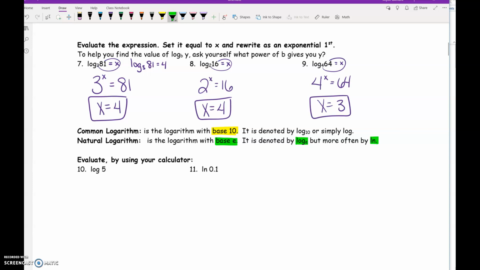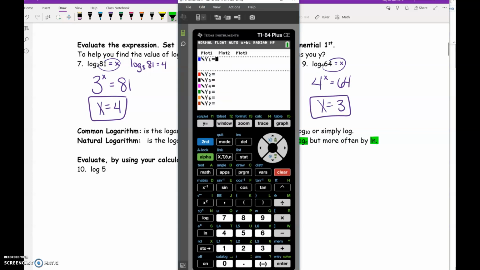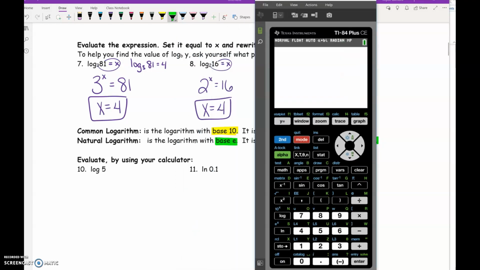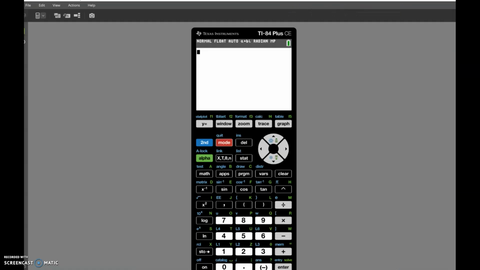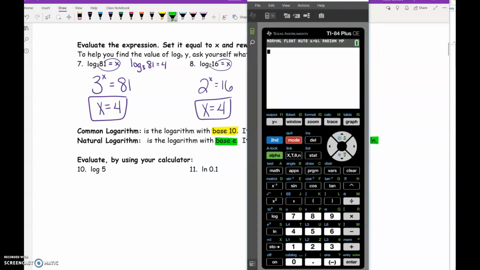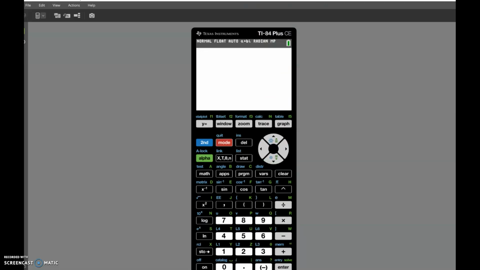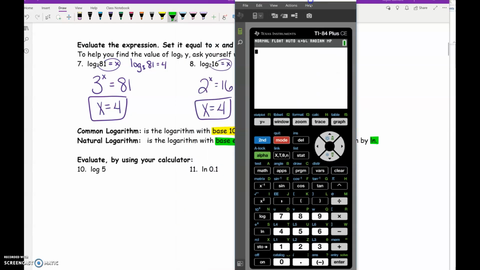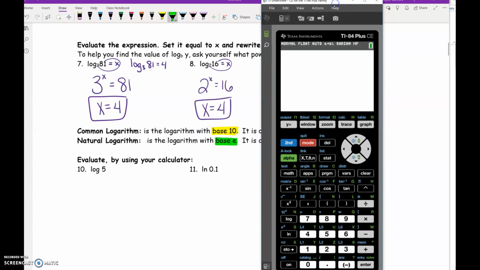So using your calculator, you can evaluate both of these. And I will show you my graphing calculator, but you can use your normal scientific calculator for this. You just have to find the log button and the ln button. You should already know where the ln button is because we used it when we were calculating e.